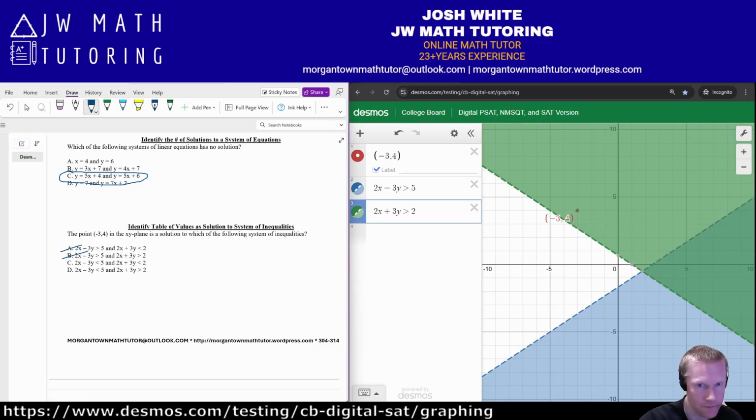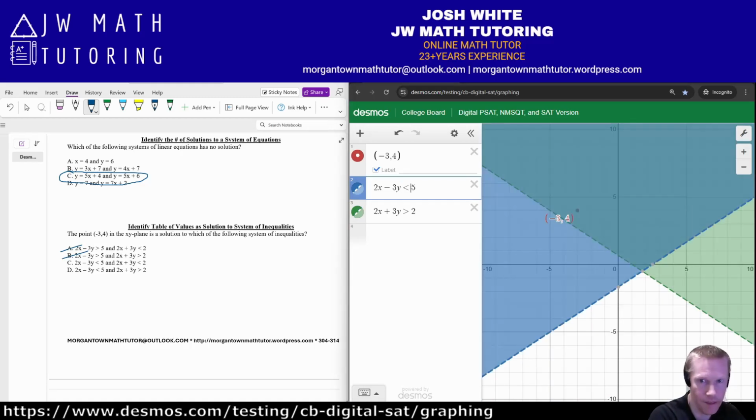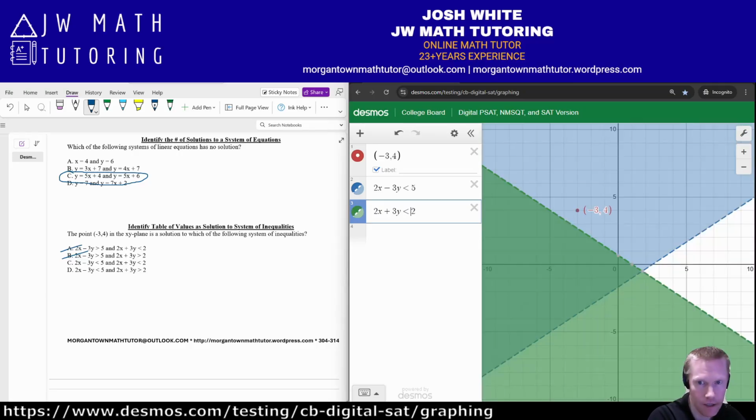All right, let's check C. Now we're going to flip this, let's see, flip this one back as well. So is this in the solution set? And the answer is no. No, it is not. The solution set is the overlapping shading, which is over here on the left.